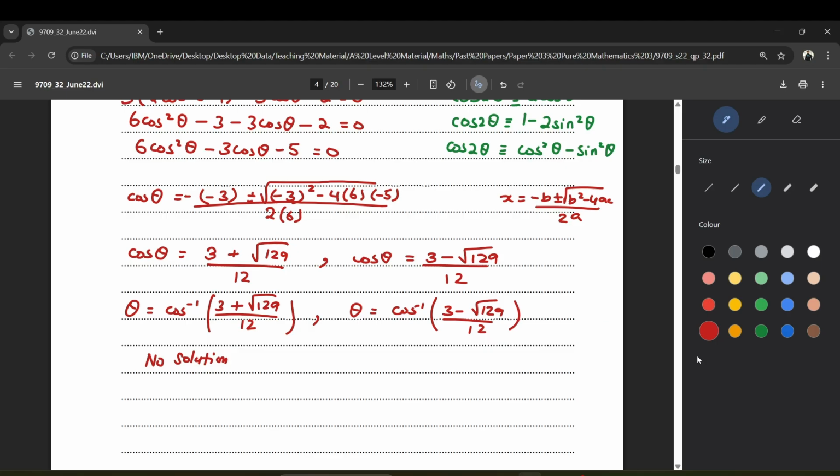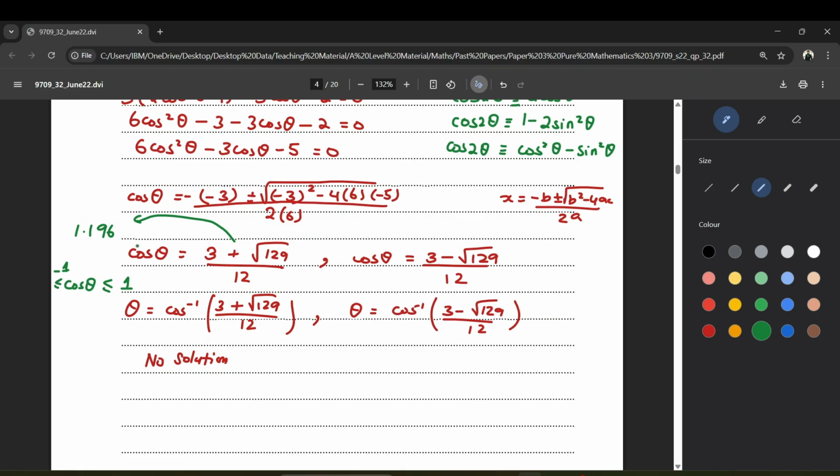This value turns out to be 1.196, right? But we know that the maximum and minimum value of cos theta lies between positive 1 and negative 1. So this value is going beyond 1, which is not possible. Therefore, you are getting no solution. There is no value of theta for which you can get a value of cos theta which is 1.196.